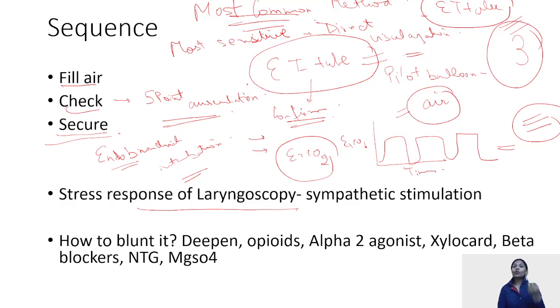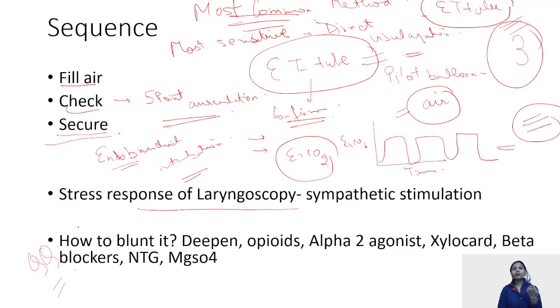So in order to decrease that sympathetic stimulation, there are certain drugs which can be given before the laryngoscopy, and this question is generally asked: which drugs can be given to decrease the stress response. First, we can deepen the plane of anesthesia: one, the induction agent has been given; second, the inhalation agents can also be opened.